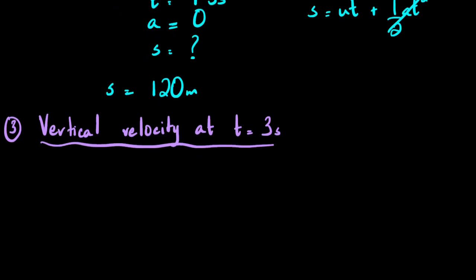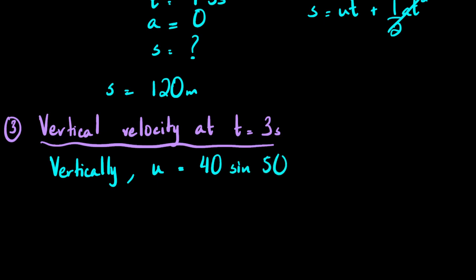Again, the vertical velocity means that we would have to take the vertical aspect of this projectile motion. So vertically, again, what do we know? We know the initial velocity with which it was projected, that was 40 sine 50. And we know that vertically acceleration is negative 9.81, and we know t is 3, and we really need to find v.